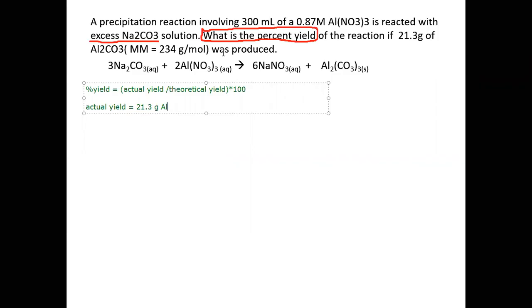And I apologize, aluminum carbonate is written wrong here. It should have a 3 there. Molar mass is right, but the formula was wrong. So we know the actual yield of aluminum carbonate, but the theoretical yield of aluminum carbonate is a question mark.